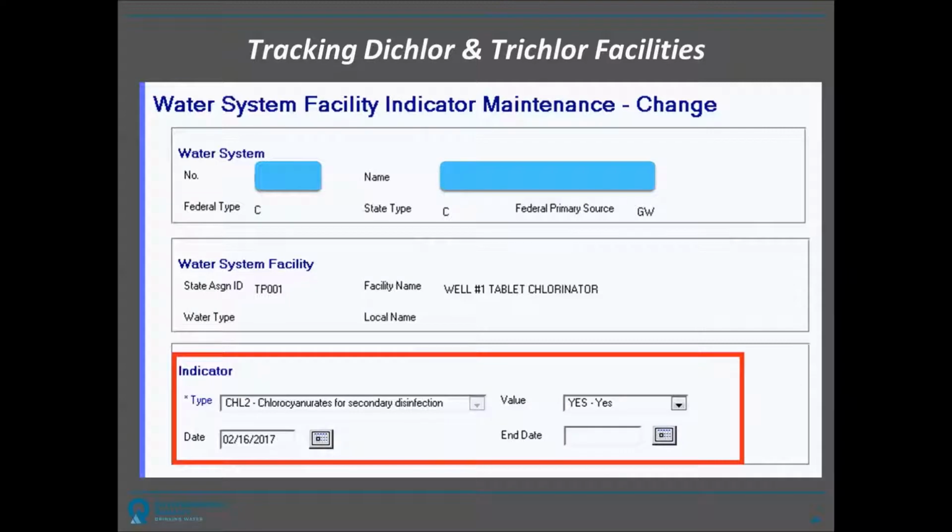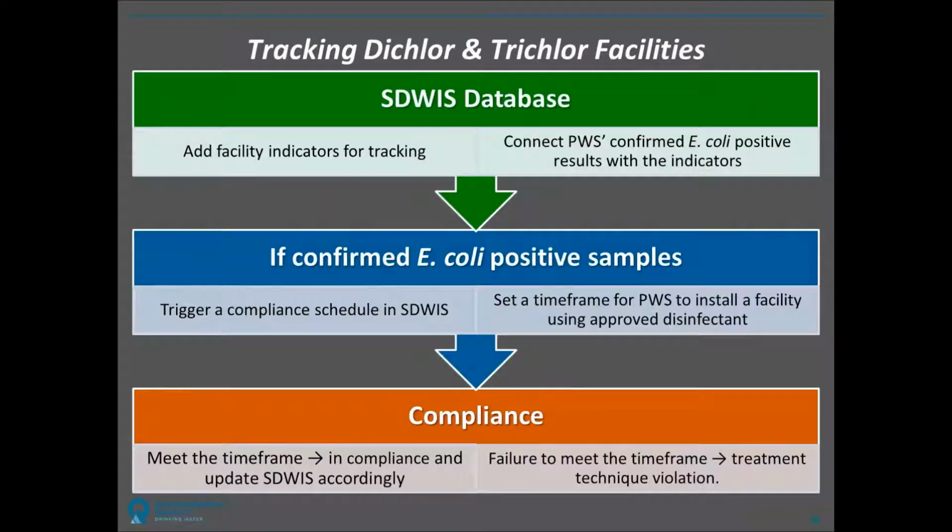And here's an example of this water system. You can see we have an indicator showing this water system and this facility is used for secondary disinfection using dichlor or trichlor.